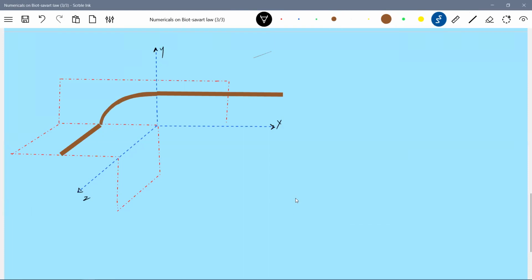A current flows. The problem is very simple. So what you mean to say is that different parts now lie in different segments, also in different planes.